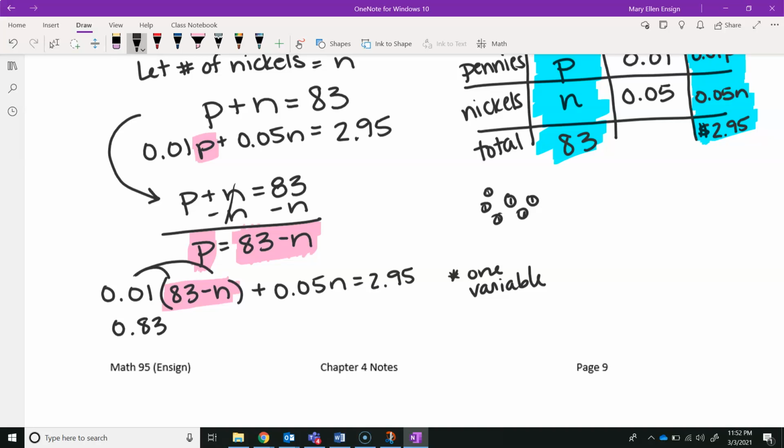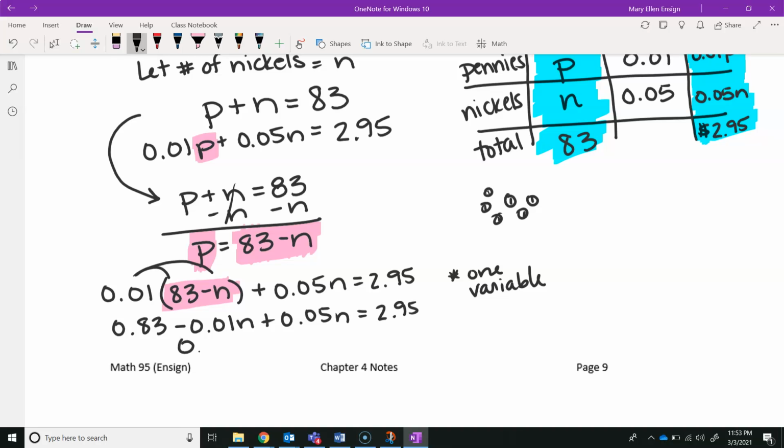Don't get all confused about the decimals. Think about 0.01 as a penny or as 1 cent. If I have 83 pennies, I have 83 cents. Now I'm going to have 0.01n. It's negative because I have a positive times a negative here. Plus 0.05n.